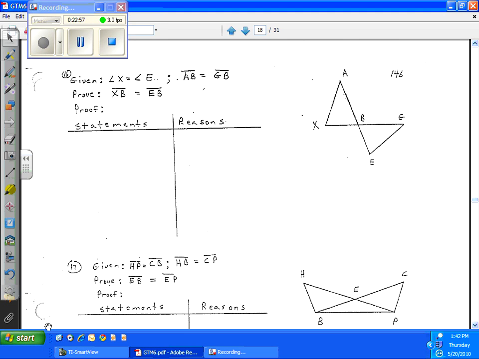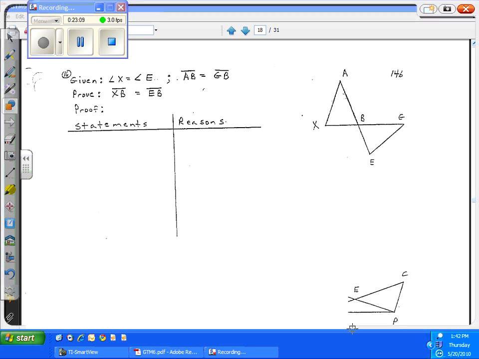Well, we got 2 proofs. We'll take a look at number 16. Remember, to do a proof, we're going to write the given proof, put the statements on the left, reasons on the right, draw the diagram.